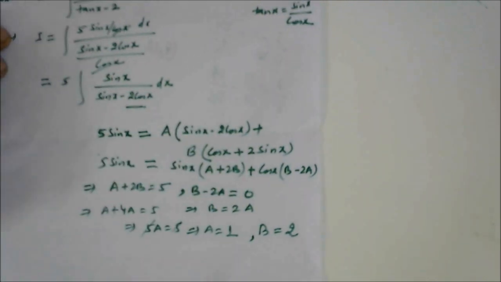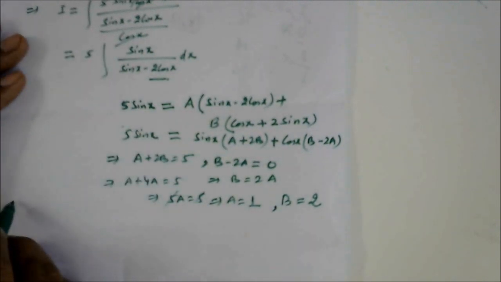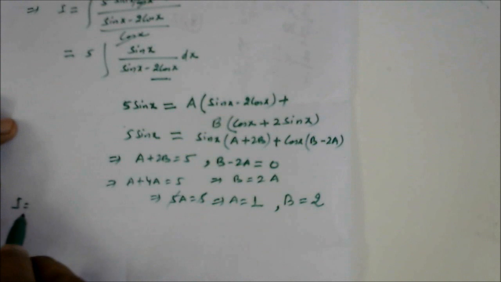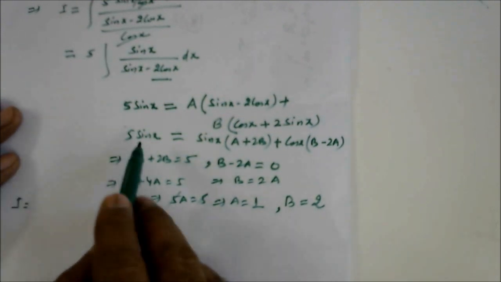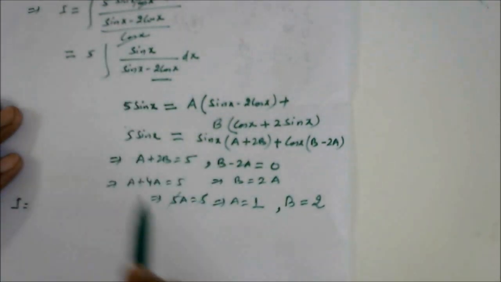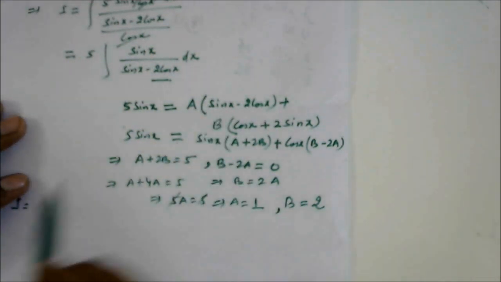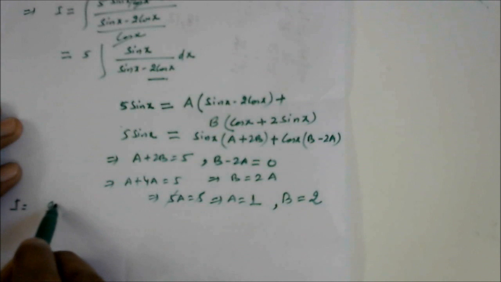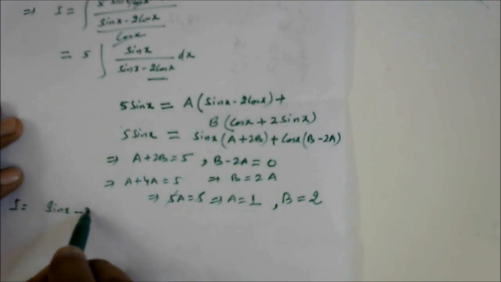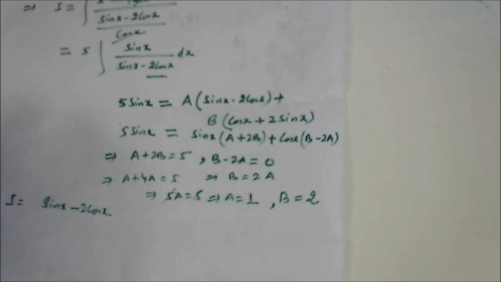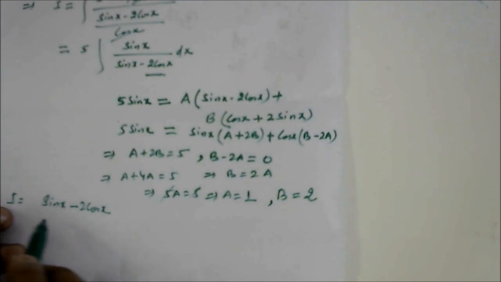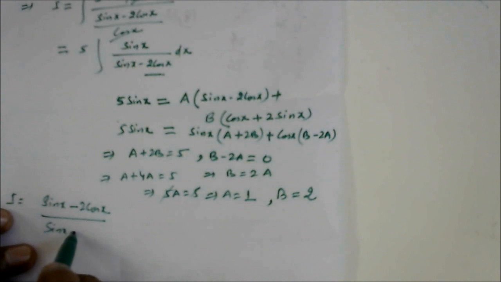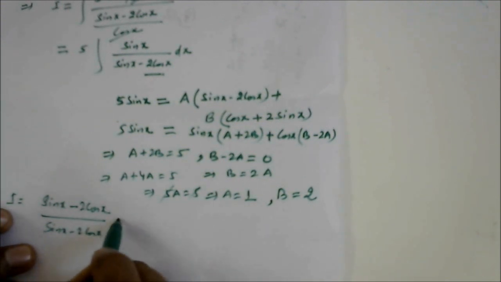Okay, right. So it means this I, for 5 sin x completely, we can write like this, and a is what? 1 only. So sin x minus 2 cos x divided by sin x minus 2 cos x dx.